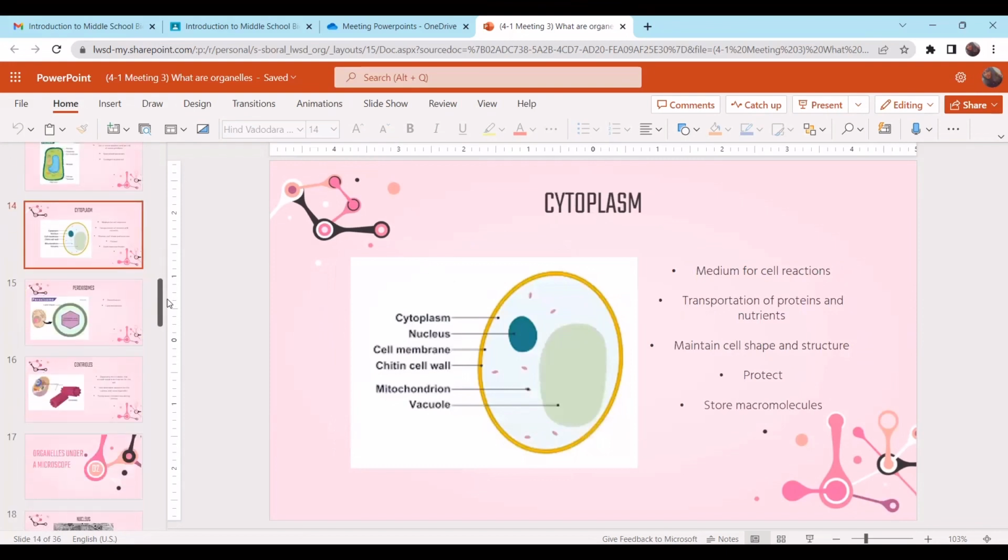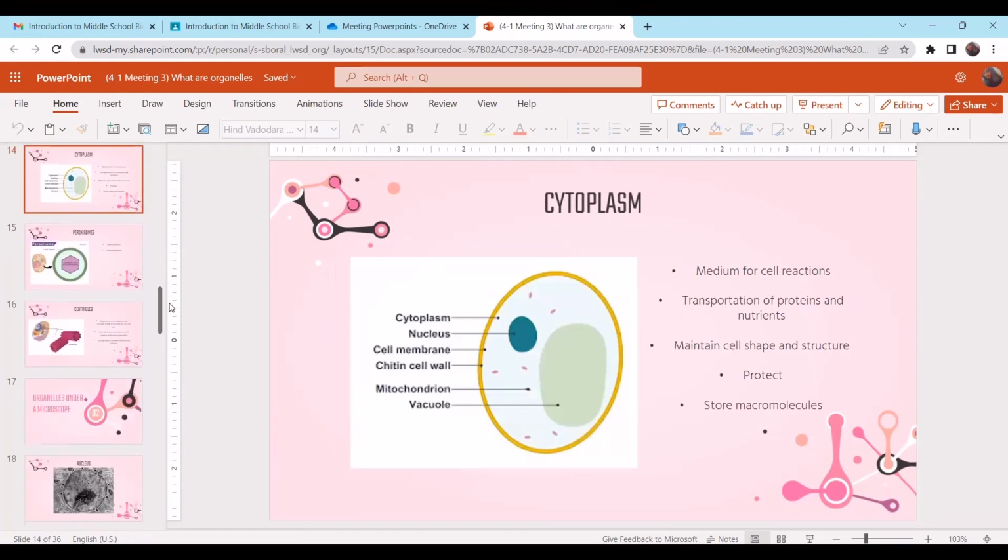The cytoplasm. So basically most of your cell is made of cytoplasm. You can think of the cell as this little yellow circle here. The cytoplasm is this jelly-like fluid right inside the cell, and it's where cell reactions happen. It's also responsible for the transportation of proteins and nutrients.